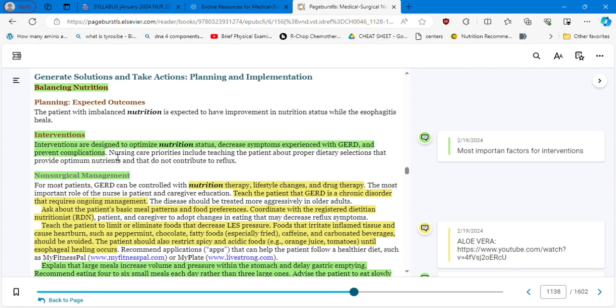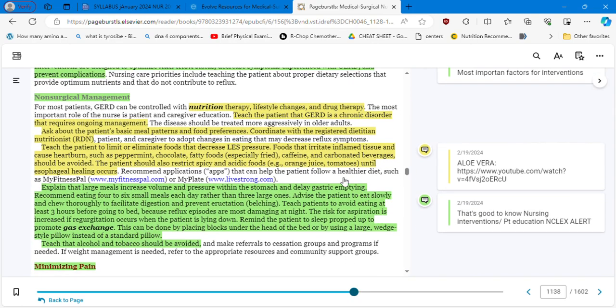The interventions are designed to optimize nutrition status, decrease symptom experience with GERD, and prevent complications. Non-surgical management: we are going to have nutrition therapy, lifestyle changes, and drug therapy. That's the protocol to start treating patients with GERD.